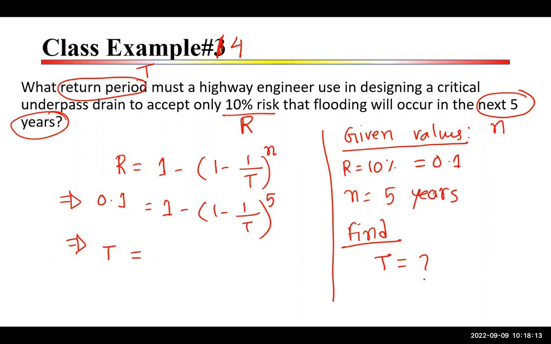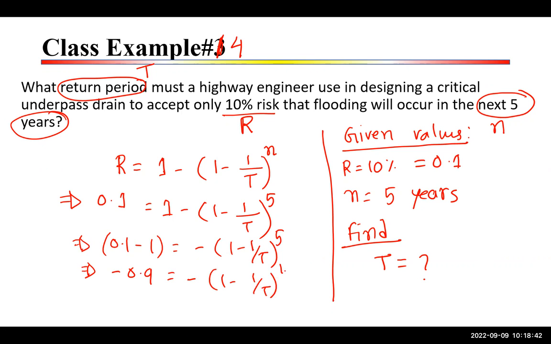Okay, anyone else got any number? Maybe I will write down one extra line. 0.1 equals 1 minus, 1 minus 1 over T to the power 5. The negative got cancelled.